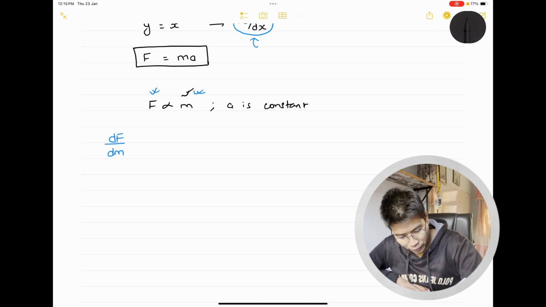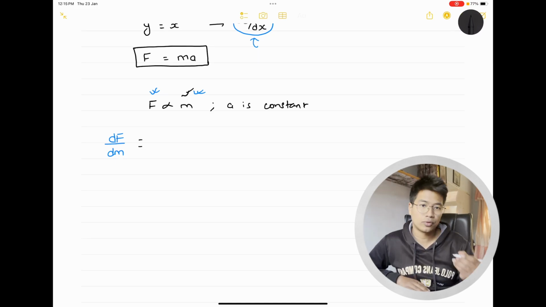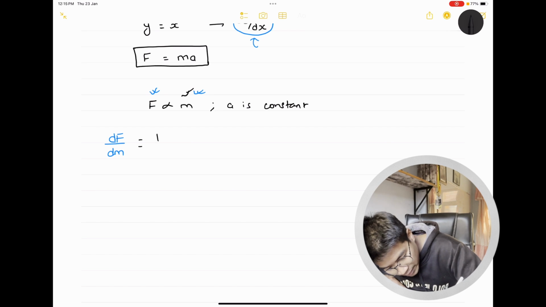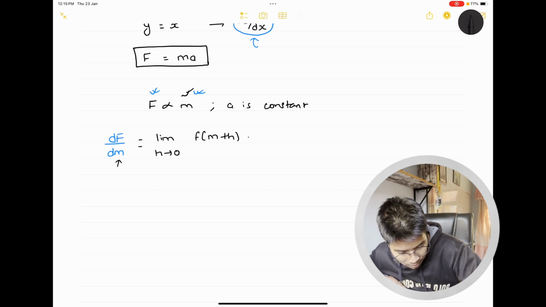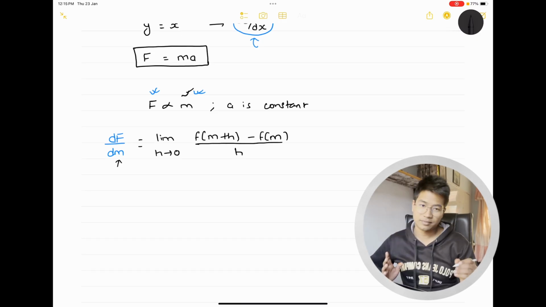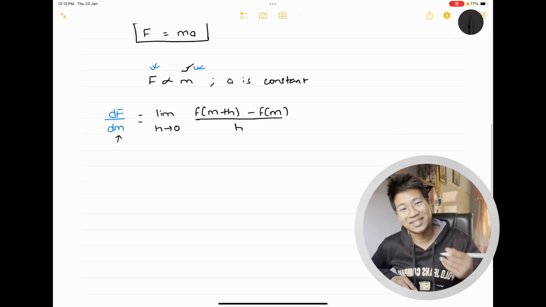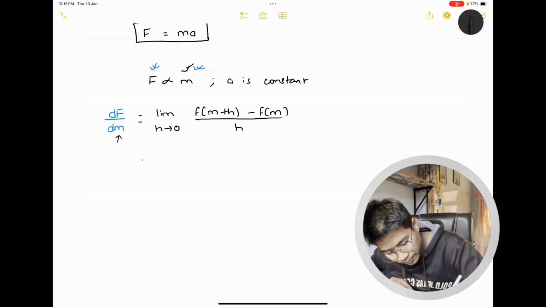Okay, now that we know that, we also know how we calculate the derivative, right? So the way you calculate that is limit as h tends to 0 the function of, now x plus h is basically, x over here is our m, so I do f of m plus h minus f of m, divide the whole thing by h. This is the derivative formula, so let's find out what that derivative would be.